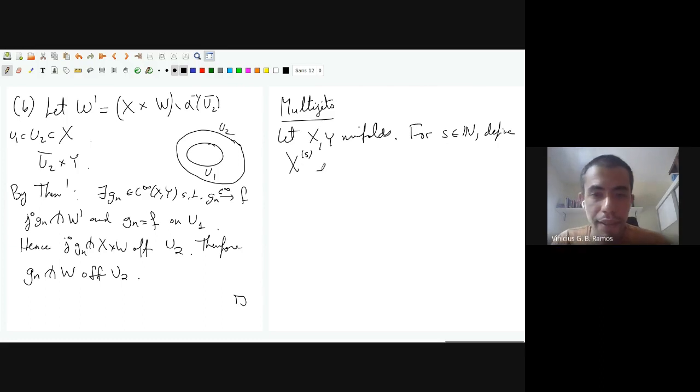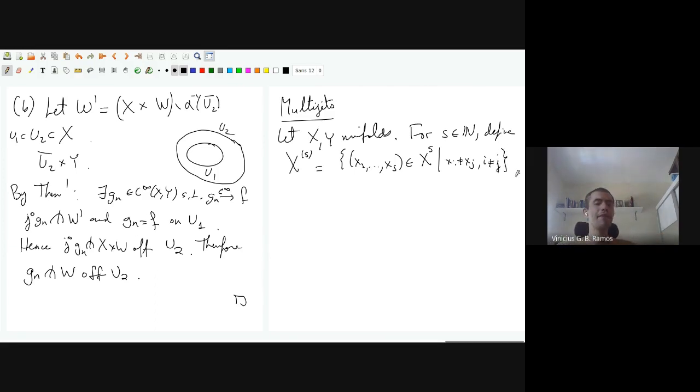So this is basically the set of (x1, ..., xs) in X to the s, such that xi is different from xj for i different from j. Okay, so this is the set of s-tuples of points in X without repetition.